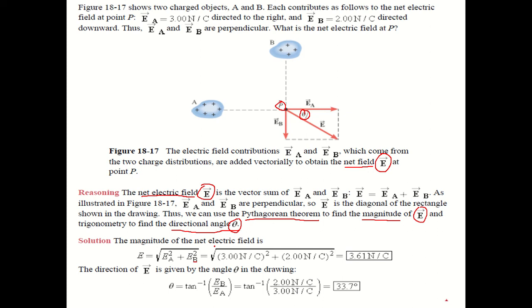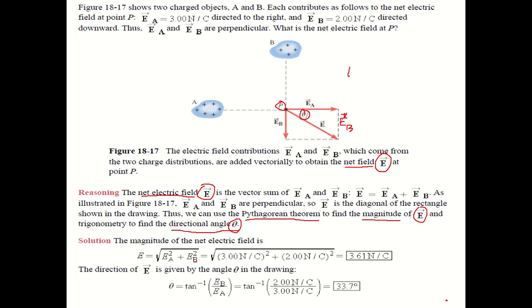Okay, so the direction of the electric field is given by the angle in the drawing. From this, opposite over hypotenuse. The opposite here is E_B, and this is also E_B here. To solve for this angle, you can use tangent.